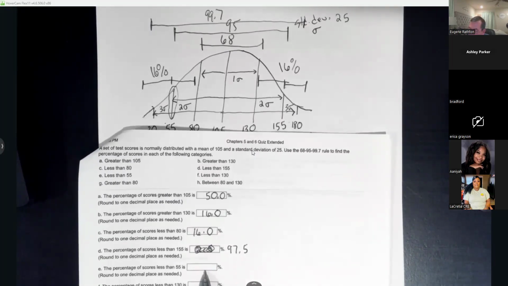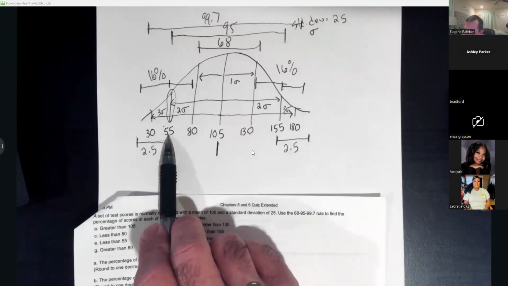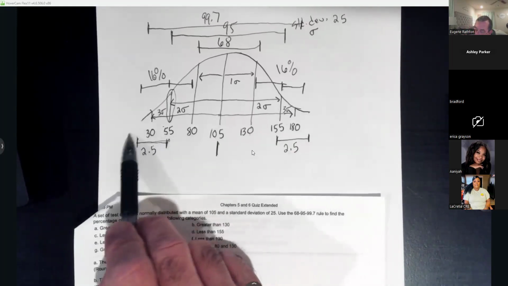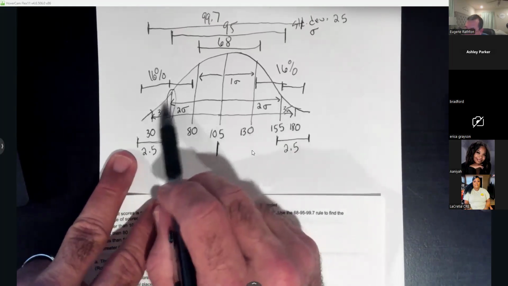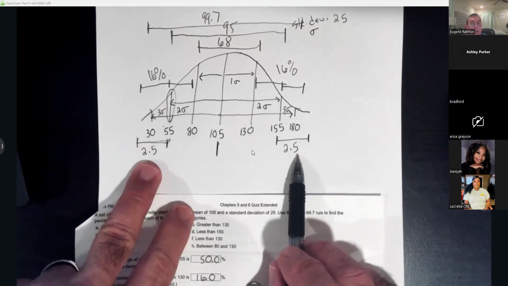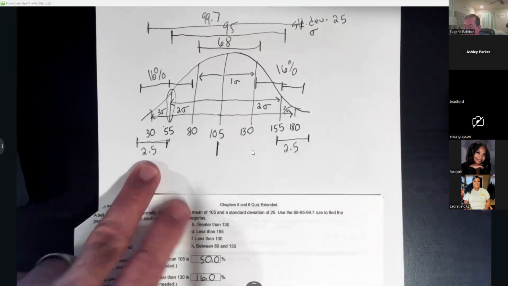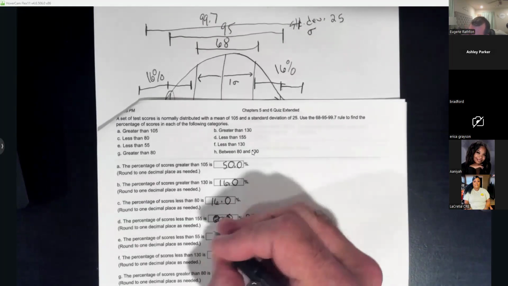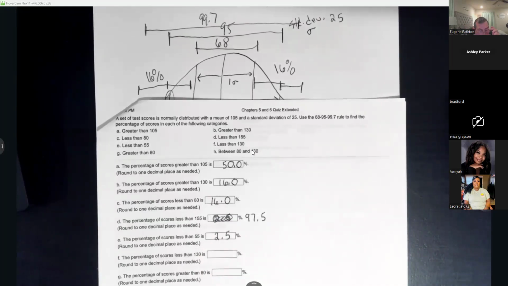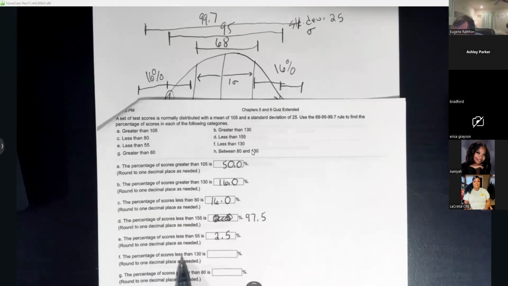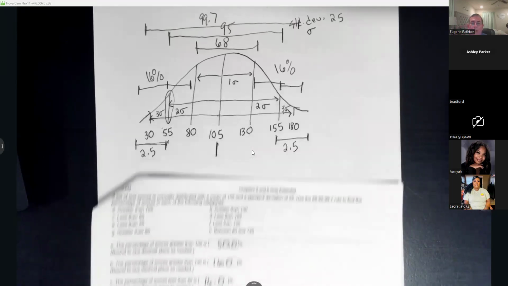All right, percent less than 55. Well, here's 55. That's where I was needing that 2.5, because less than 55 was this little tail here. And we said a while ago that the tails were 2.5 each. So we would put our 2.5 there. All right, y'all, let's see what's next. Percentage of scores less than 130.